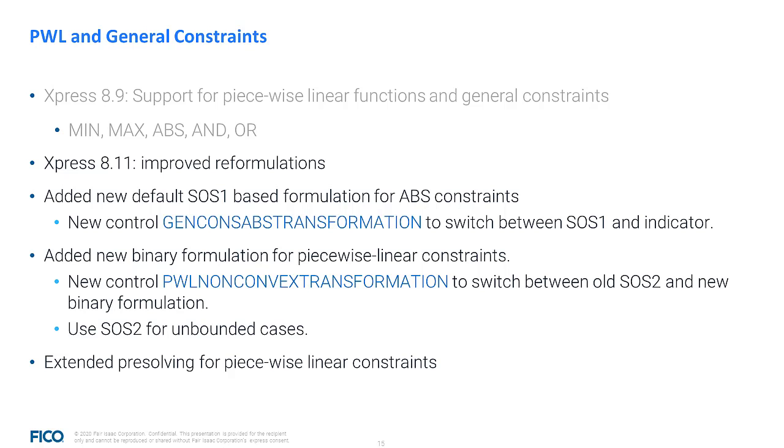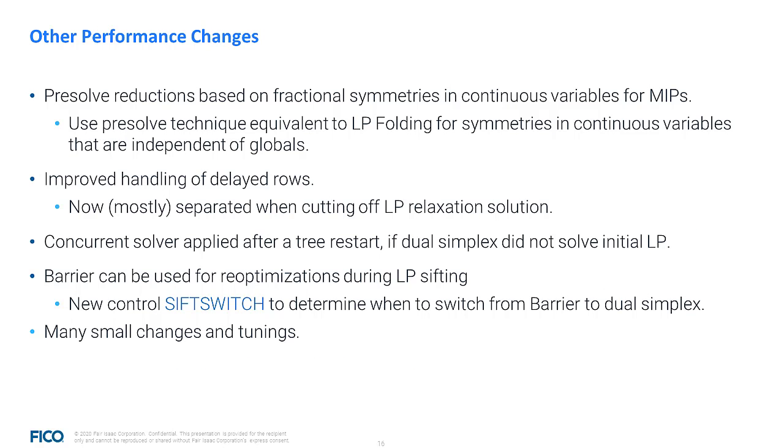Another example are piecewise linear constraints, for which we added a new binary formulation to the standard special ordered sets of type 2. Again, the user can choose between one or the other through a control. Moreover, we have extended the pre-solver for piecewise linear constraints.